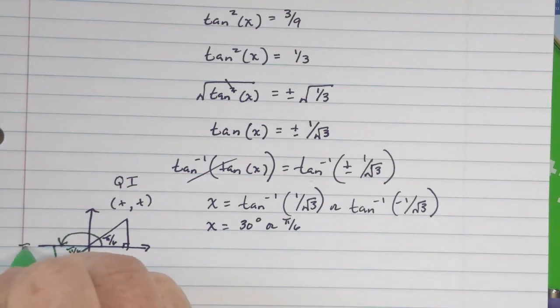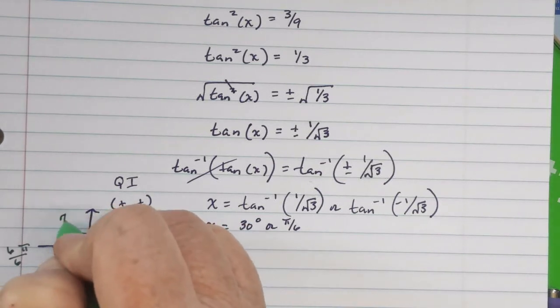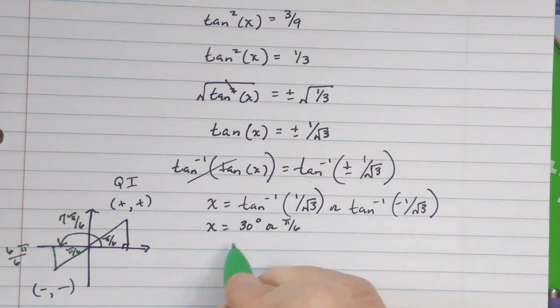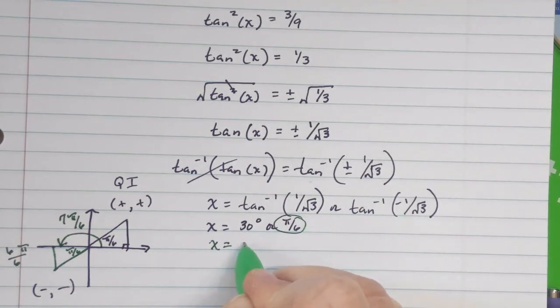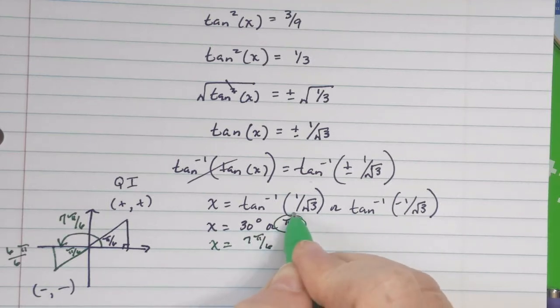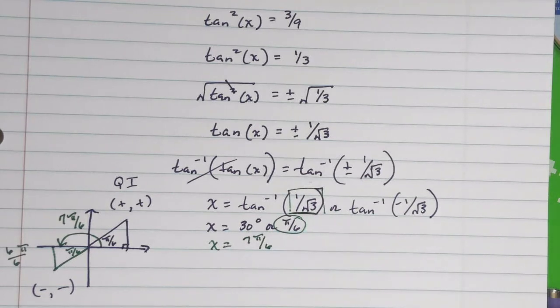Now here is pi, which is the same as 6 over 6 pi, but I'm going 1/6 more. So this angle is 7 pi over 6. So our answers thus far are pi over 6 and 7 pi over 6, and this is just for the positive 1 over the square root of 3.